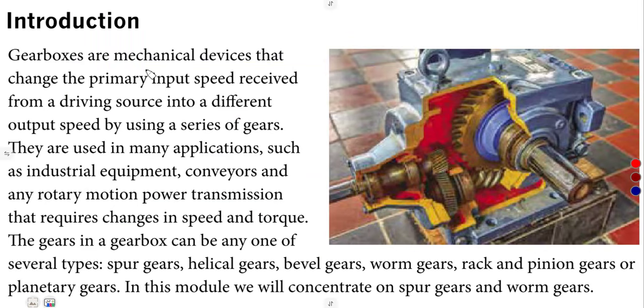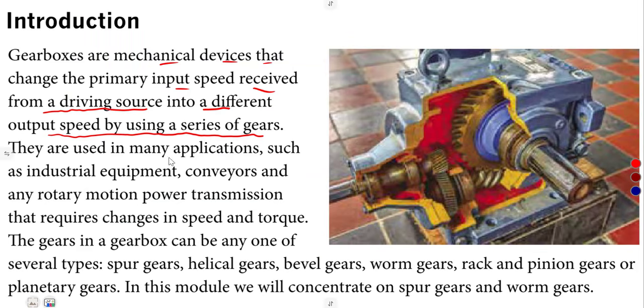Gearboxes are mechanical devices that change the primary input speed received from a driving source into a different output speed by using what? A series of gears. So that application will end up having our speed being what? Affected.